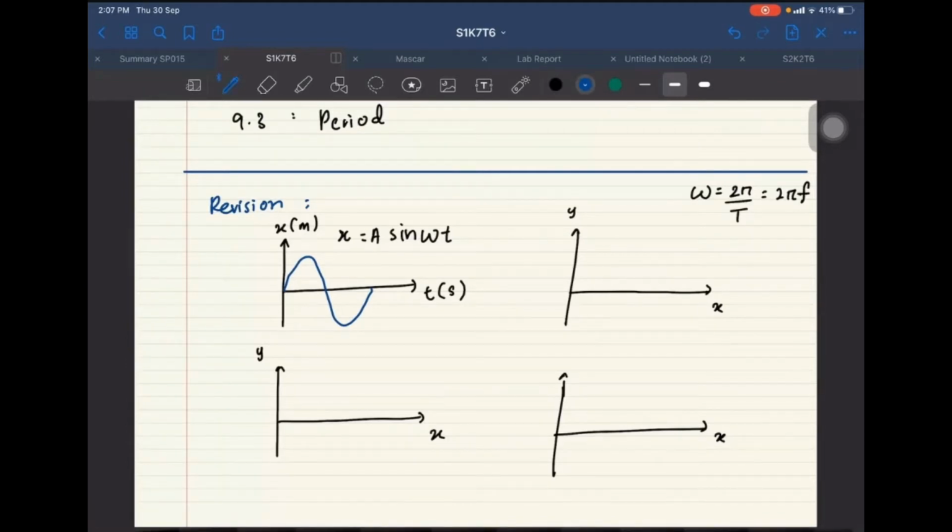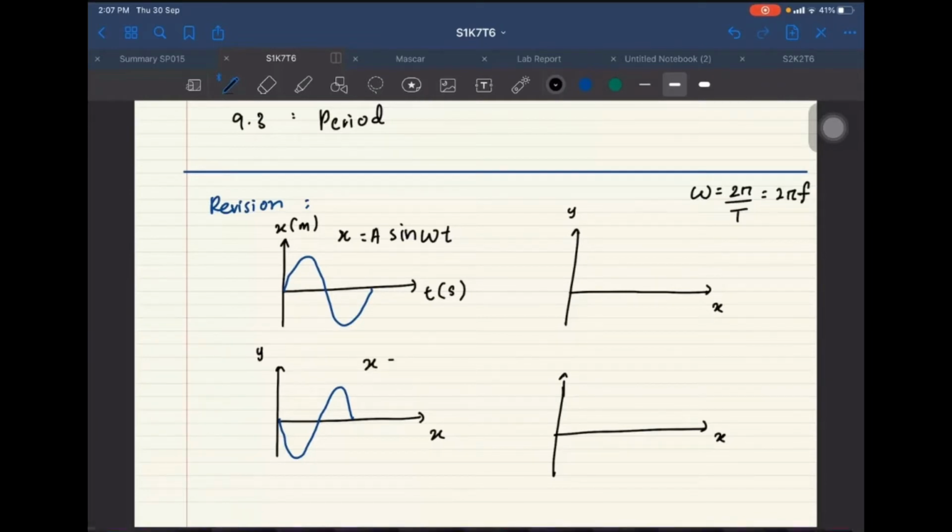Let's see, if I have a graph that looks something like this, what function should I use? What trigonometric function? Is it still sine or is it different? Negative sine, sir? Yes, very good.